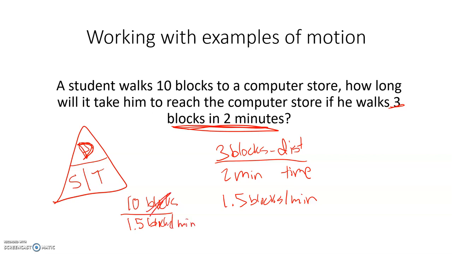Notice how blocks are going to cancel out and it will only leave minutes. So if I take 10 and divide it by 1.5, it will give me an answer of about 6.6 minutes. So that's how we can use that triangle to our advantage.